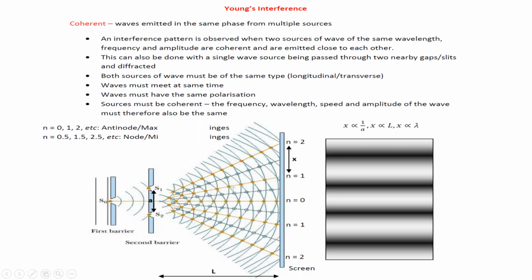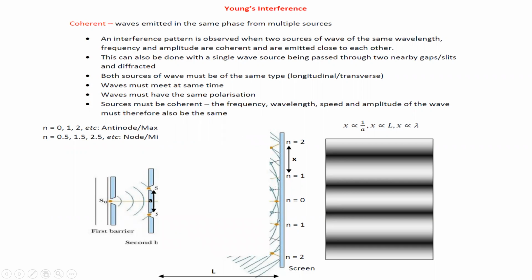And these two diffracted waves combine with each other, and their combination depends on the path difference. When the two waves combine at the center part, that is known as a central maxima. Maxima means constructive interference.